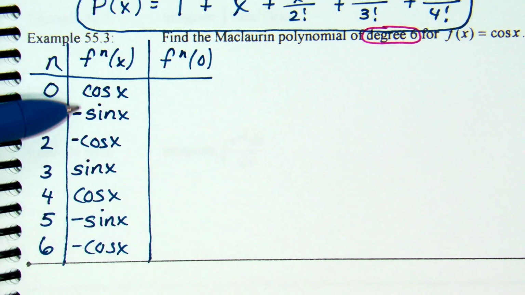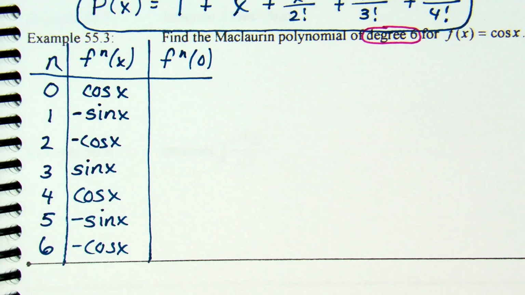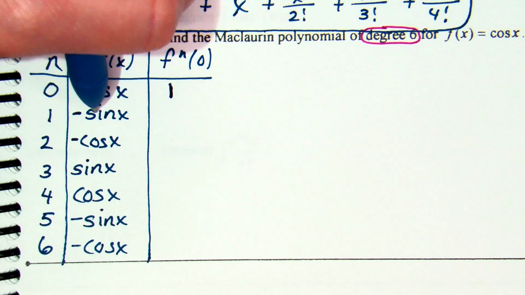Okay. If we want, we could go ahead and put our 0 in here. We could also wait until later. What is cosine at 0? Cosine of 0 is 1. What is negative sine of 0? What is sine of 0? 0. Okay.